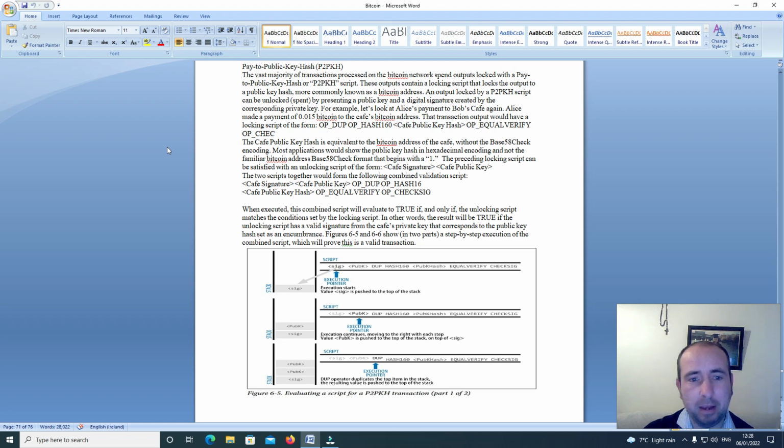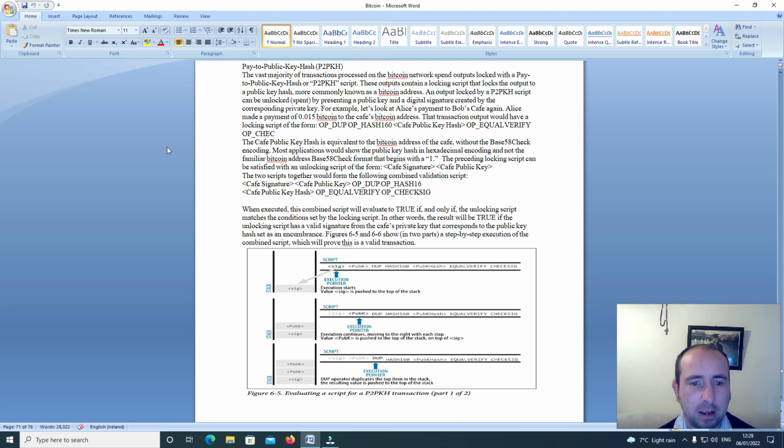Alice made the payment of 0.015 Bitcoin to the cafe's Bitcoin address. The transaction output would have a locking script of the form OP_DUP OP_HASH160 cafe public key hash OP_EQUALVERIFY OP_CHECKSIG.